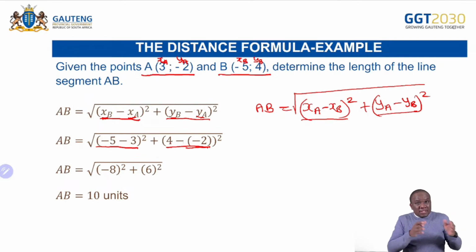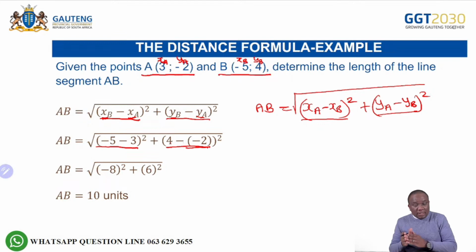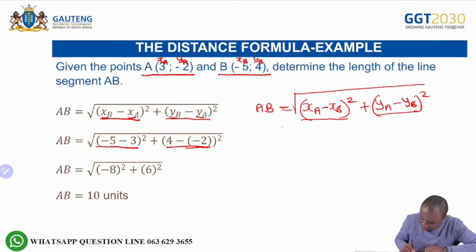If it's xb minus xa, then it must be also yb minus ya. Okay, then you do your substitution.